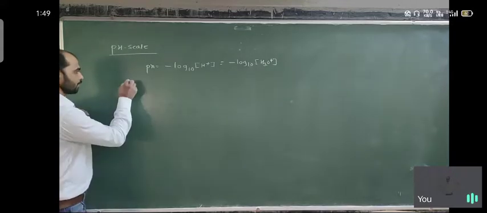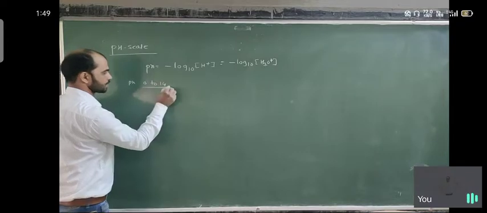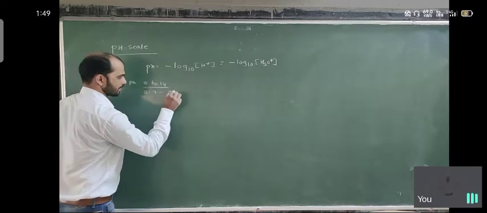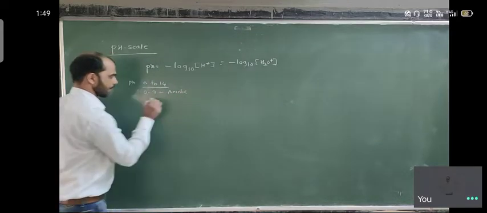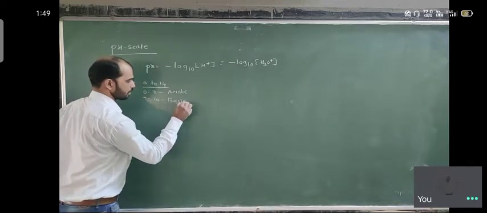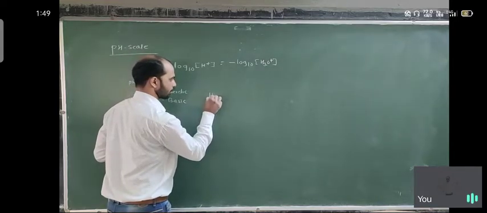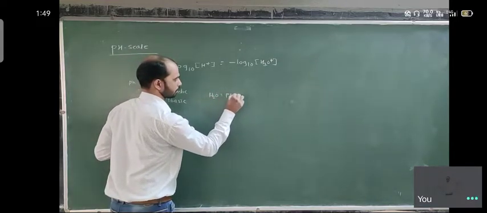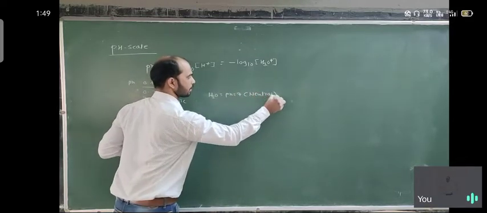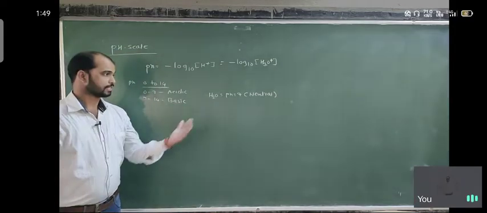Basically, pH has a range of 0 to 14. On the 0 to 14 scale, 0 to 7 we consider acidic substances, and 7 to 14 we consider basic substances. Water has a pH of about 7, meaning H2O is neutral. It provides oxygen when we drink it, and it is neutral in nature.